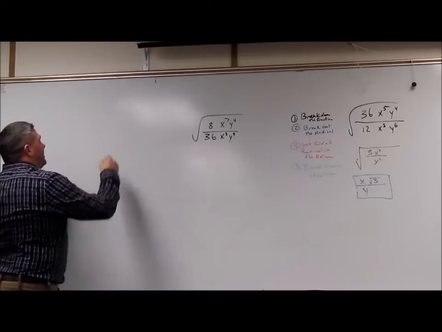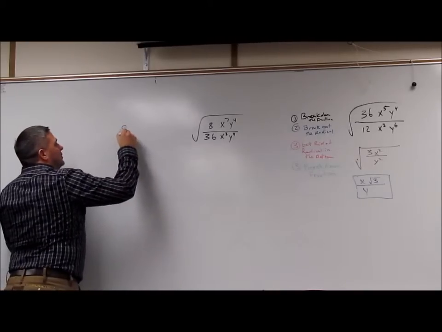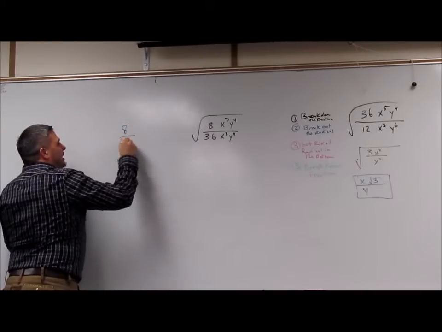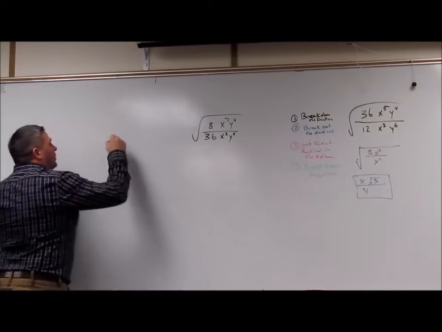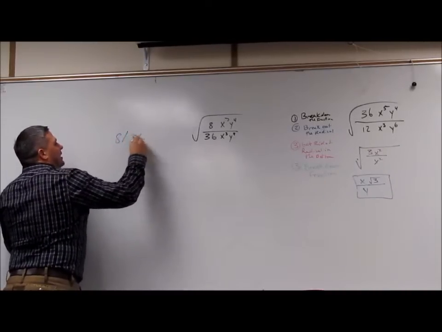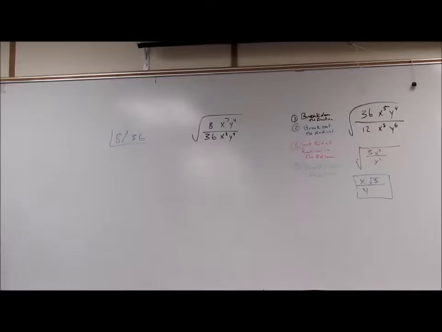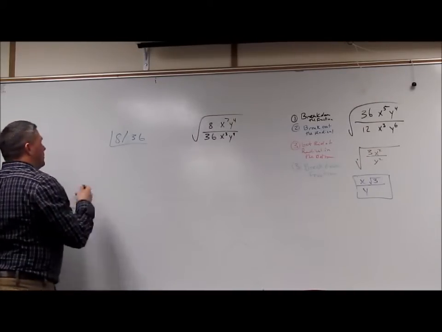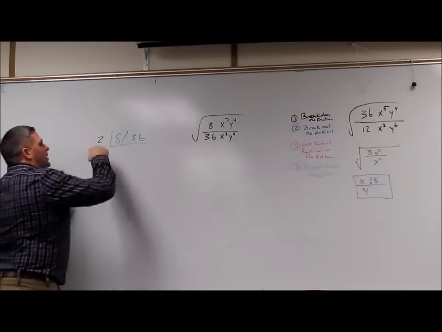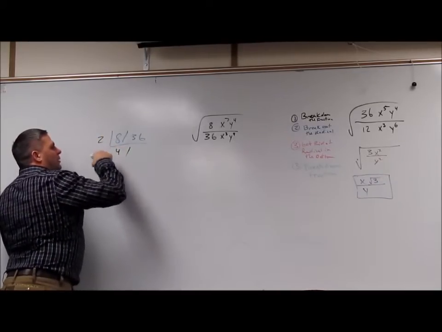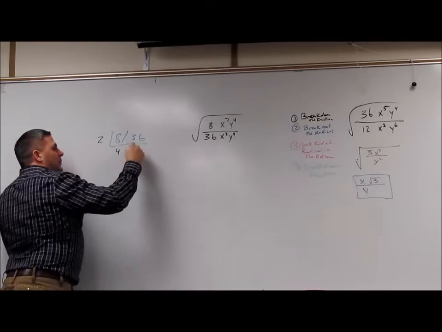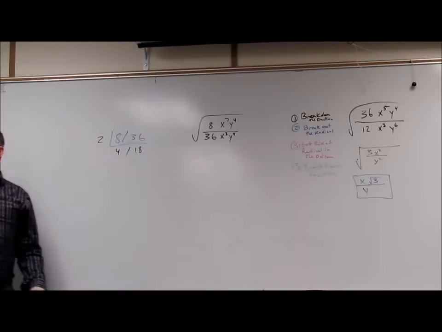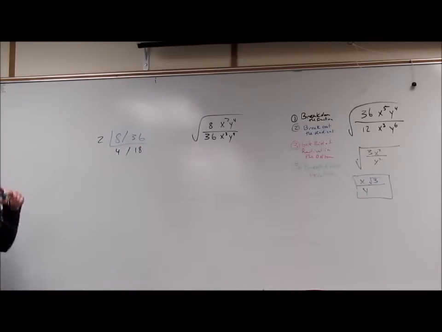So we take that fraction, 8 over 36, and we look at it a little differently. We break it down this way. What goes into 8 and 36? 2. Good. 4 and 18.